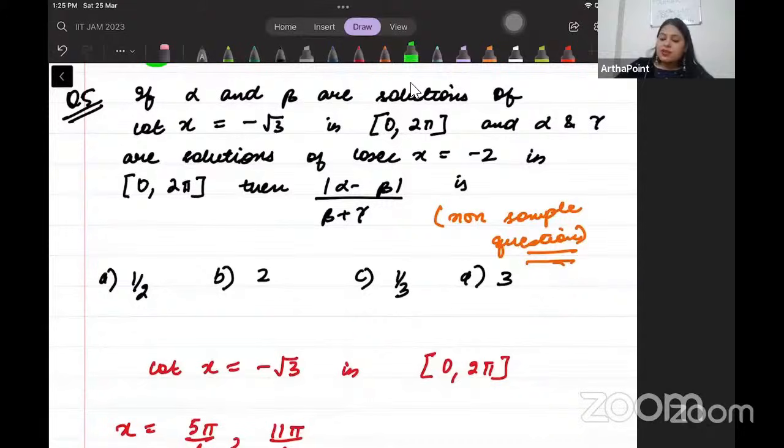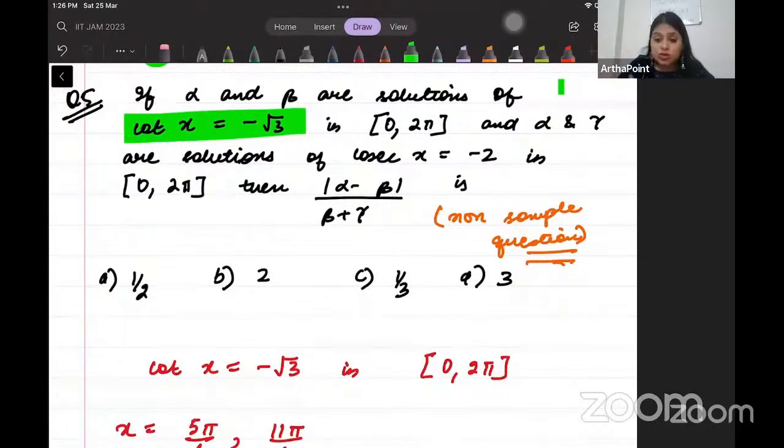If alpha and beta are solutions to the problem cot x is equal to minus root 3 in 0 to 2 pi. Now just tell me something, okay? Whenever I am solving these kind of questions, it is very important that you know which function takes which value where, right?